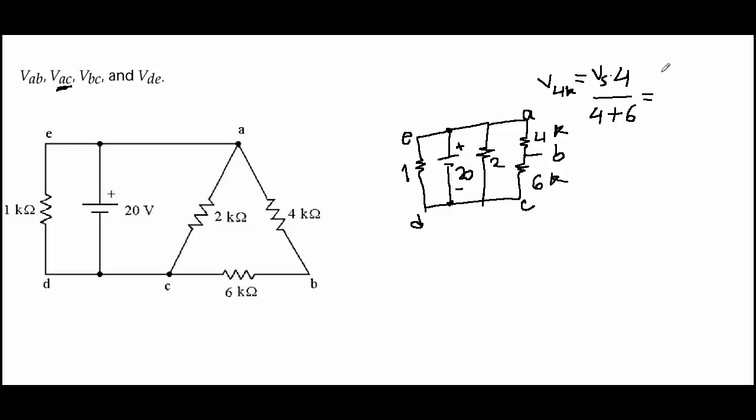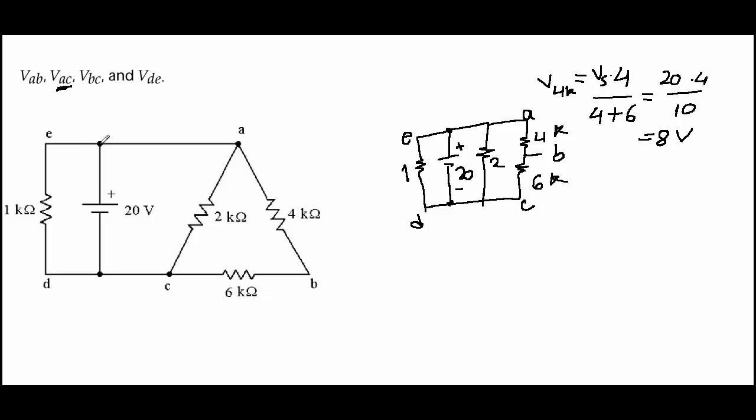So it is 20 times 4 over 10, where kilo ohm cancels with kilo ohm. So 20 times 4 is 80 over 10. That's 8 volts, from A to B.